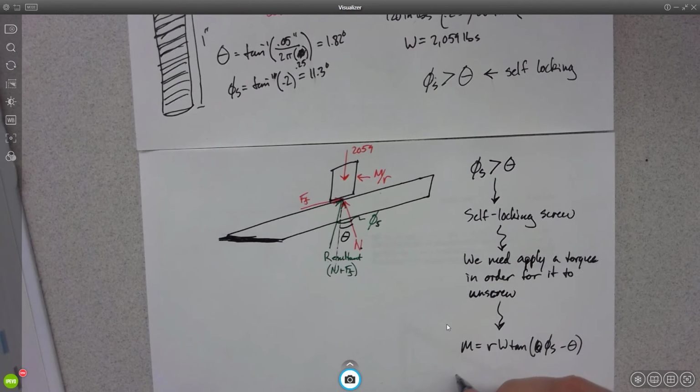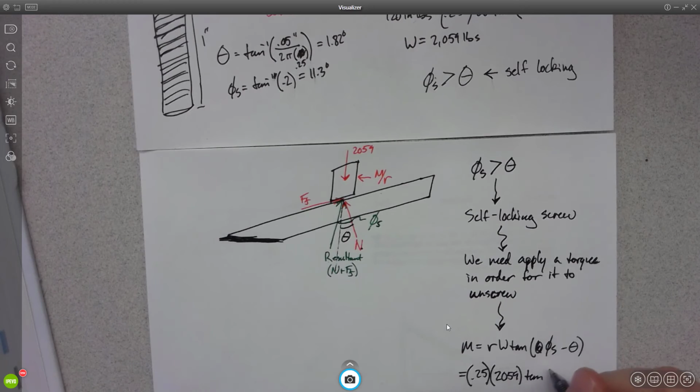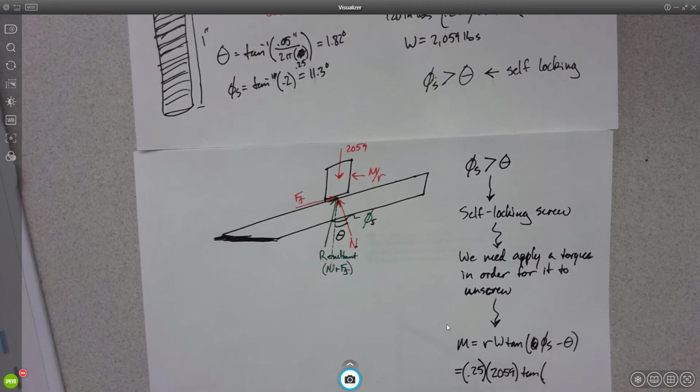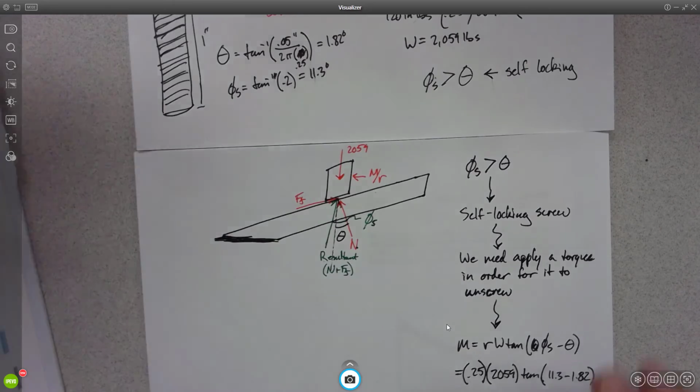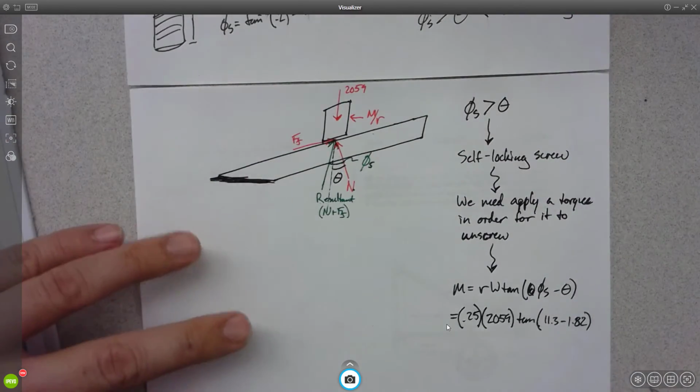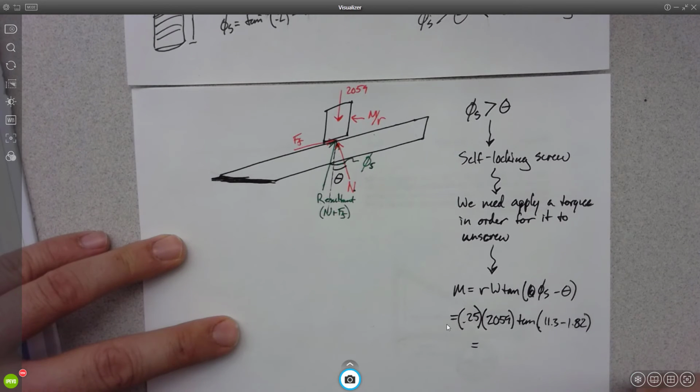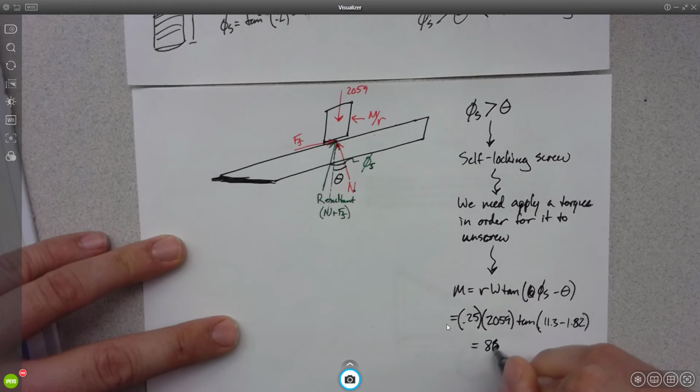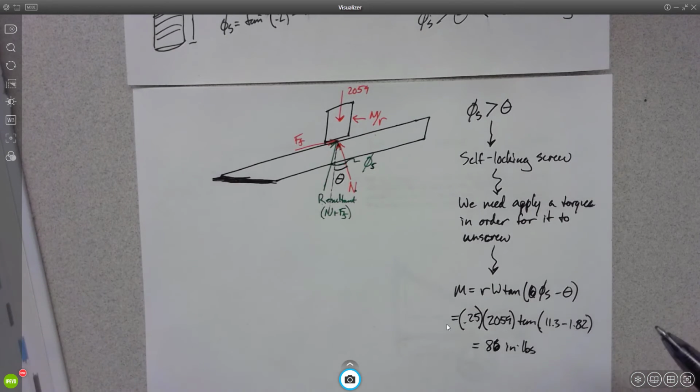The moment we need is equal to the radius of the screw, 0.25, times the clamping pressure, 2059, times the tangent of 11.3 minus 1.82, which gives 86 inch-pounds.